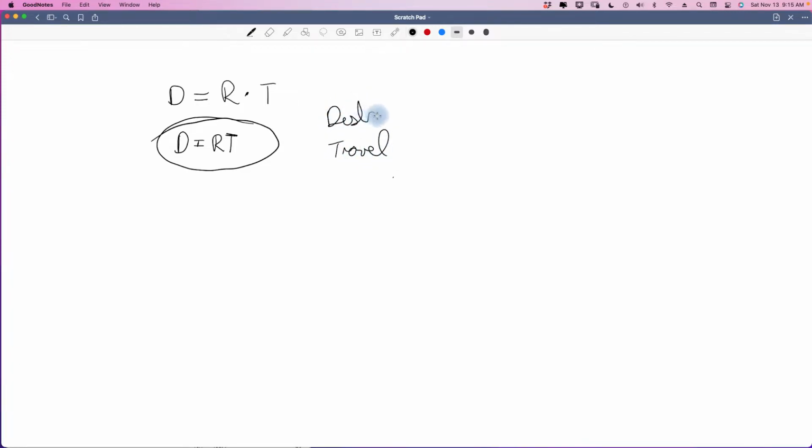It's about distance. Distance means travel. We travel over the earth, and the earth is made of dirt. And that's your formula. Your formula is distance equals rate times time.